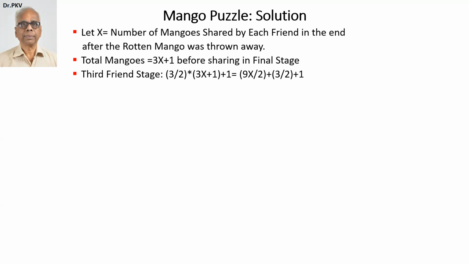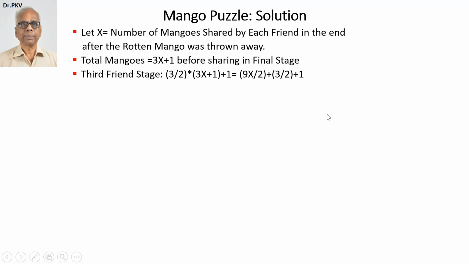And therefore, it is backward recursion, and we multiply this 3x plus 1 with 3/2 and then add 1, which would have been the total number of mangoes before the friend ate that one mango. So it is 3/2 into (3x plus 1), which on simplification gives you 9x/2 plus 3/2 plus 1.